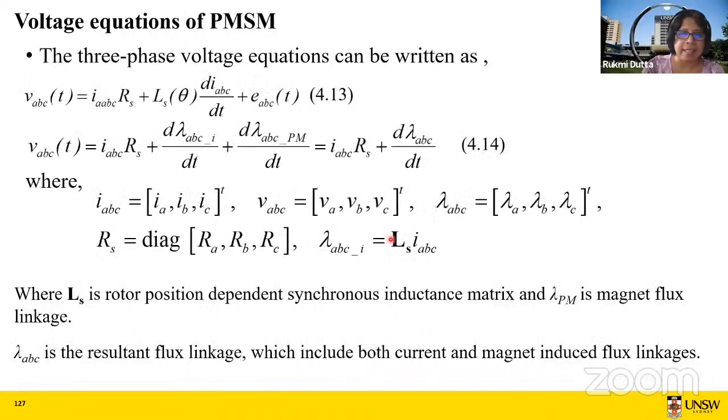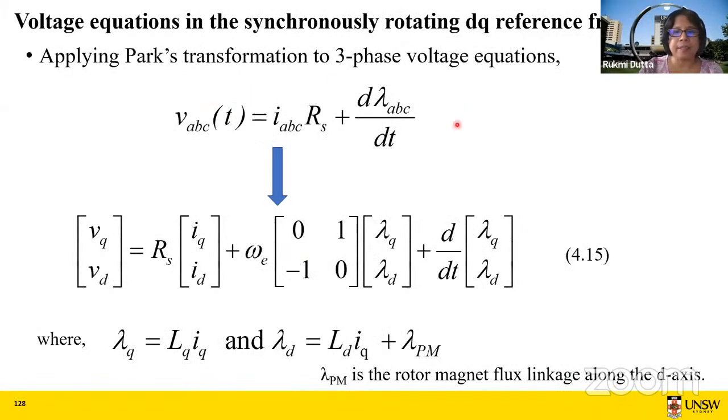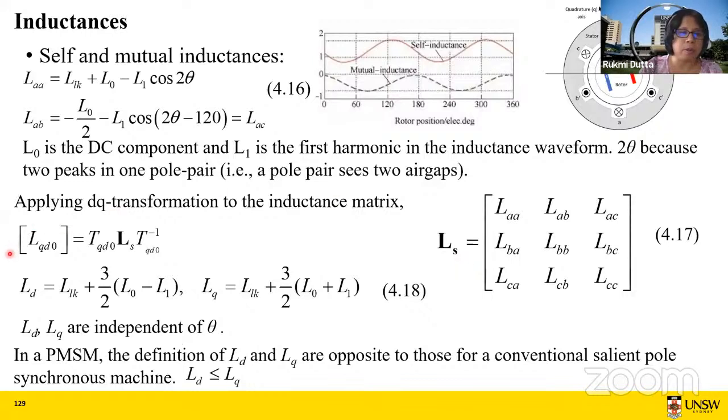That is, sorry, if we replace our lambda ABC as L times I D I Q in these equations, then in the transformation, when we do all the various matrix manipulations, this will appear, okay?